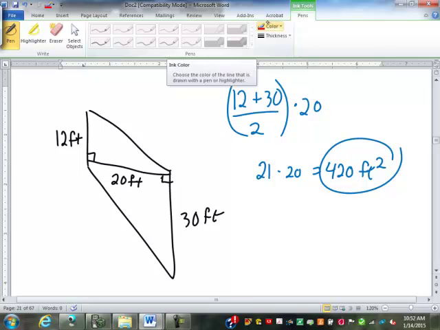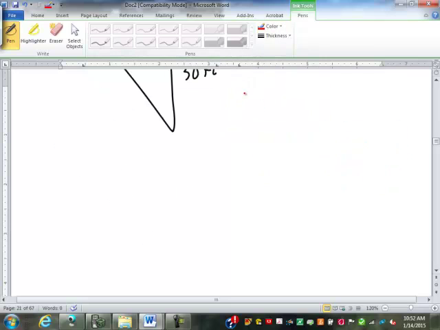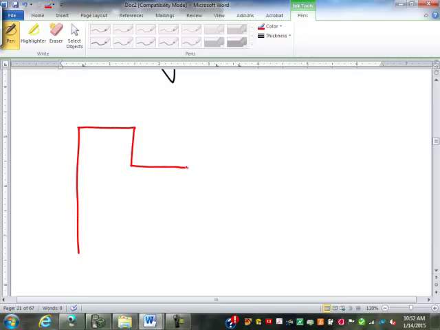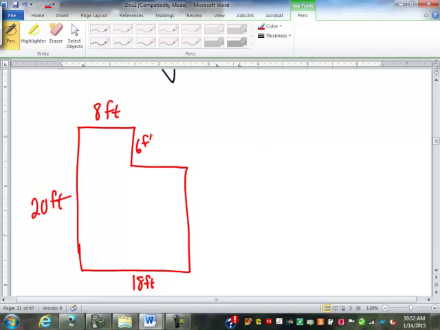So that's pretty much all of our shapes. Now we have composite shapes where we combine triangles and rectangles together. A lot of times even just combining rectangles. Like this. So in something like this, there's two ways to approach it.